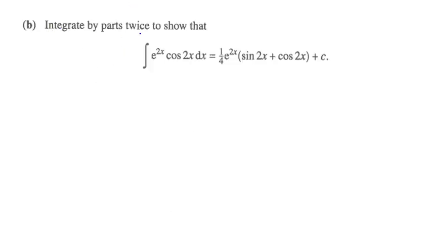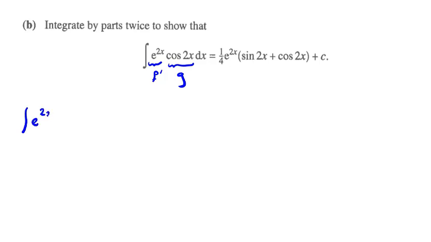Okay, part B: integrate by parts twice to show that it is equal to this. So here we want to solve this. I consider the first one equals f prime, and this one g. So it will be equal to fg.